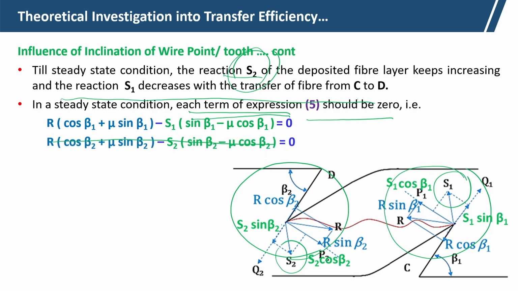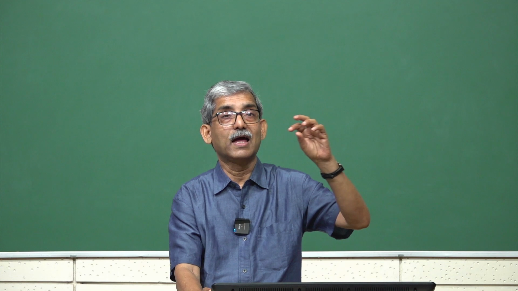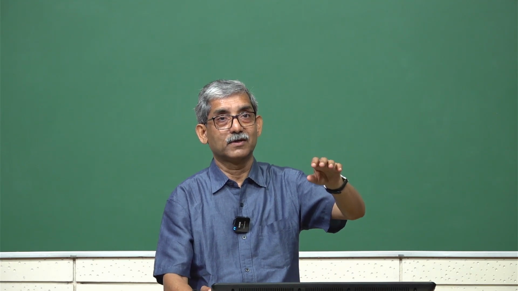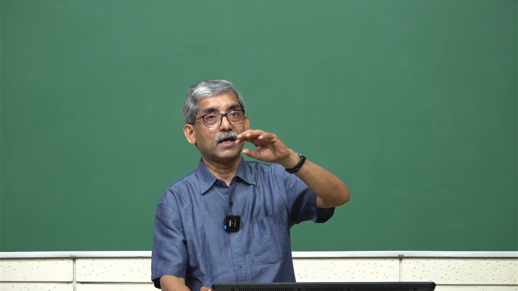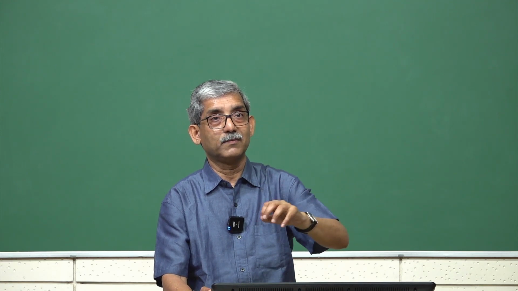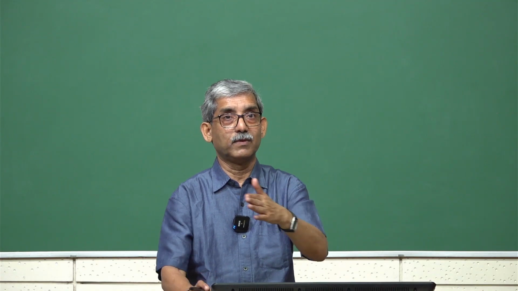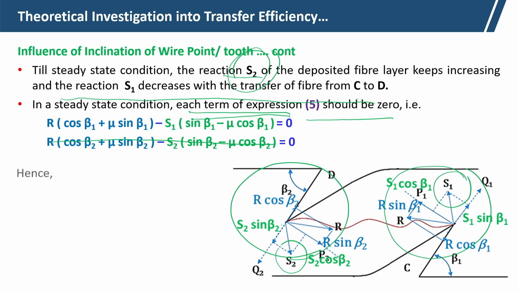Because fiber is getting transferred based on the earlier equation, otherwise the fiber transfer will change and it will affect the fiber linear density of the sliver. It cannot be increasing sometimes and decreasing at other times. So, in steady state condition this should be totally balanced.